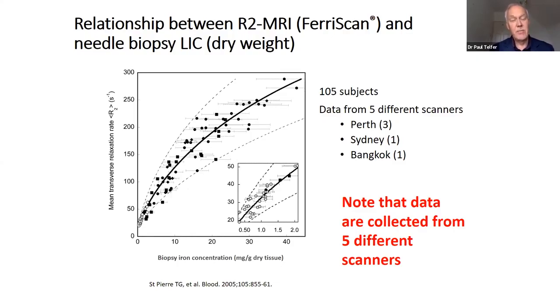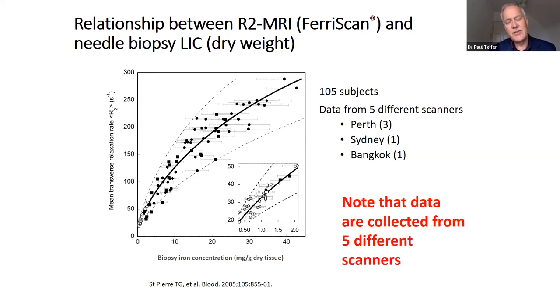Of course, liver biopsy and chemical quantitation has its own problems, and as a result of that, you're not going to be able to have a perfectly satisfactory calibration, because even if you take a biopsy and measure the liver iron by chemical concentration, this depends on where you're sampling within the liver, on the methodology of the laboratory method for chemical analysis.